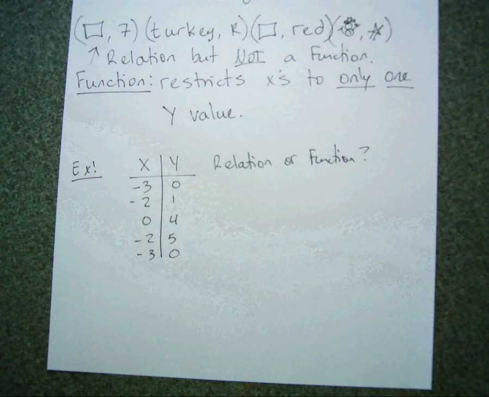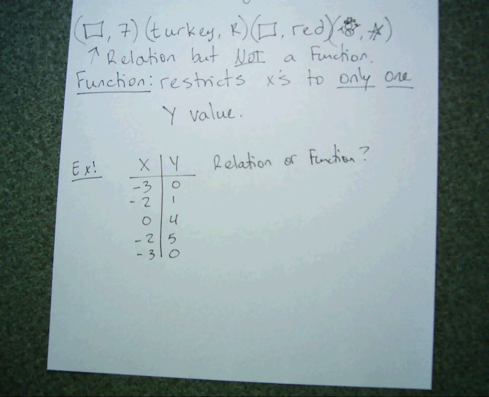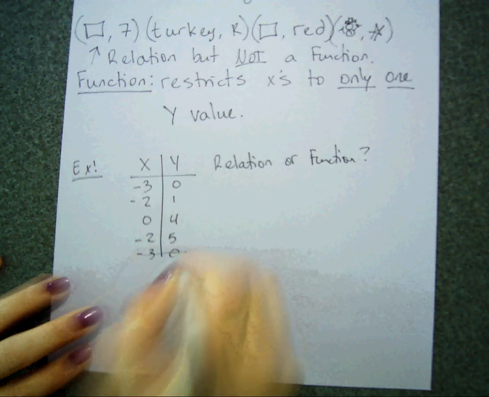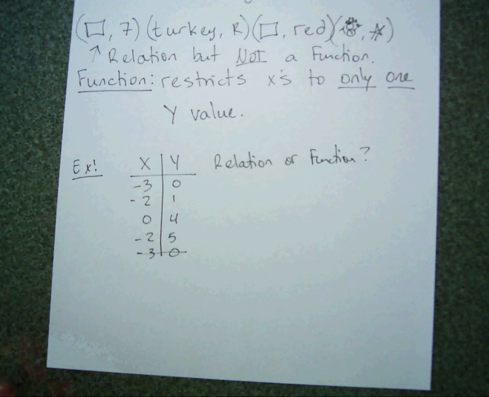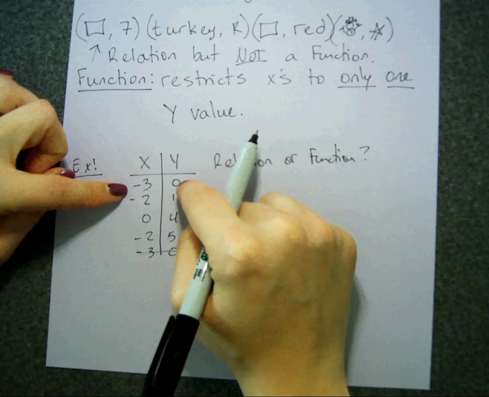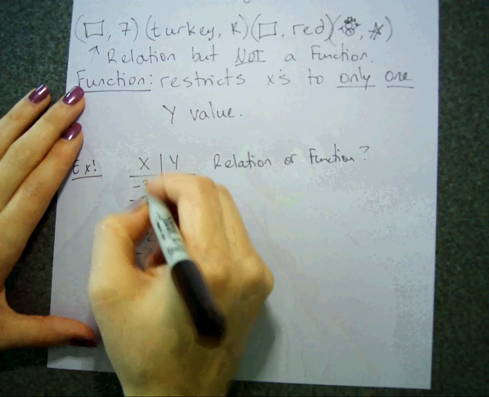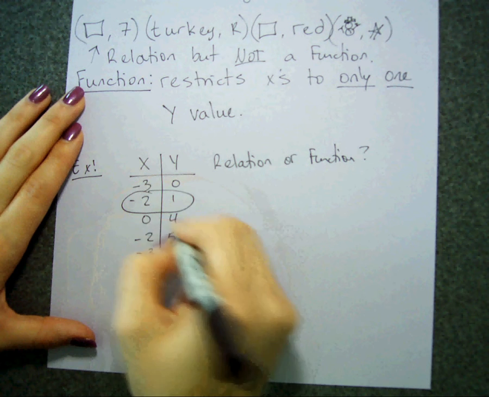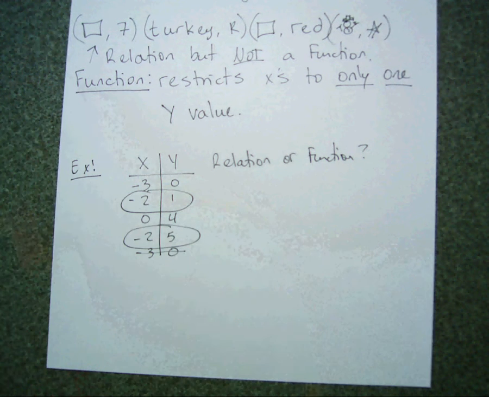So I'm just repeating the same ordered pair, and I can actually take that out without any issue. But the negative 2's create an issue because they are mapped to different y values. And since they are different, this is forced to be a relation and not a function.